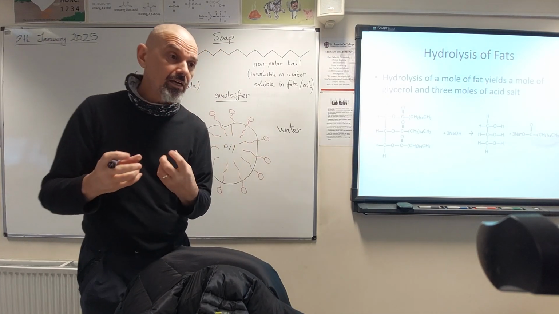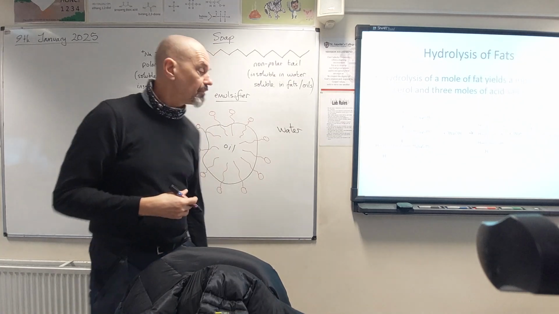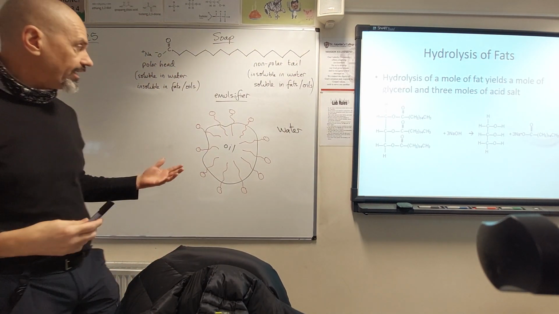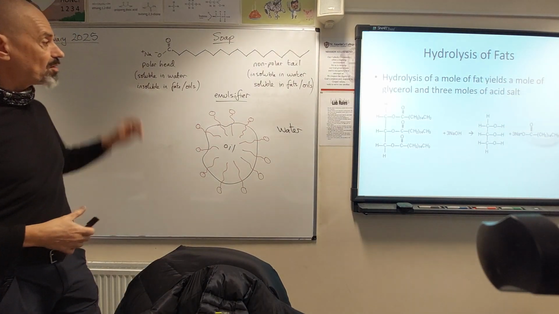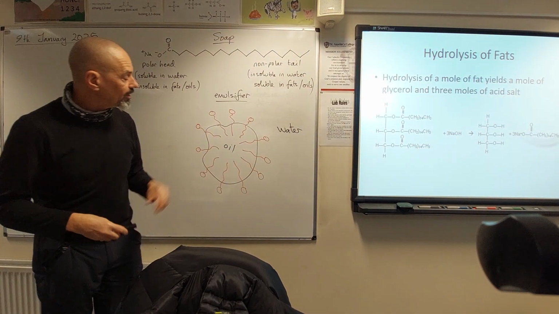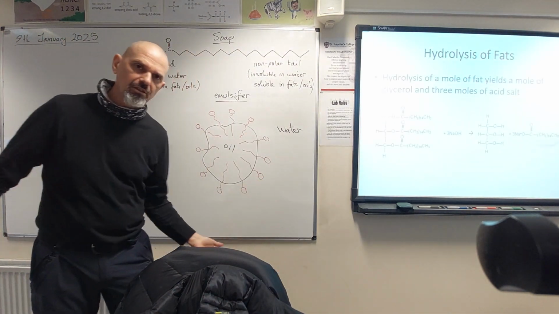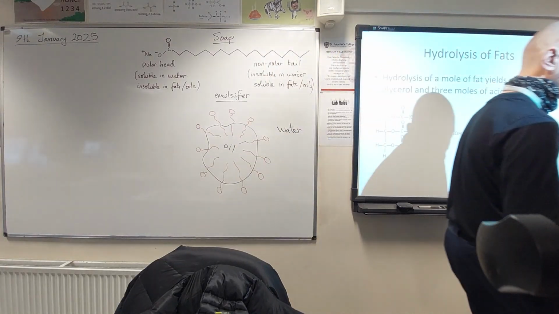If you add a bit of egg yolk, then the oil and the vinegar will mix, you make mayonnaise. So in that case, the egg yolk is the emulsifier. So our soap molecule is an emulsifier, enabling the oil to mix with the water, so hence soap enables you to wash your clothes, wash your face, wash your hair, etc.